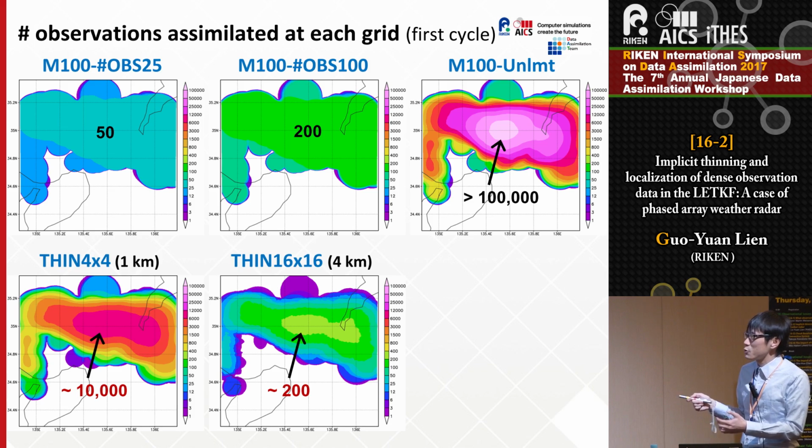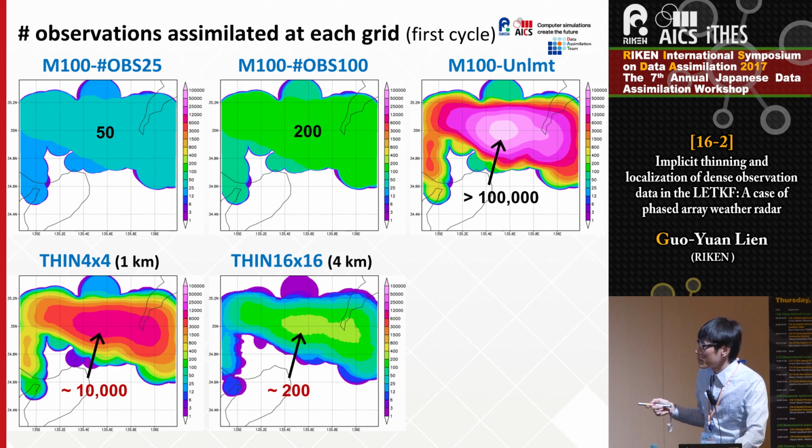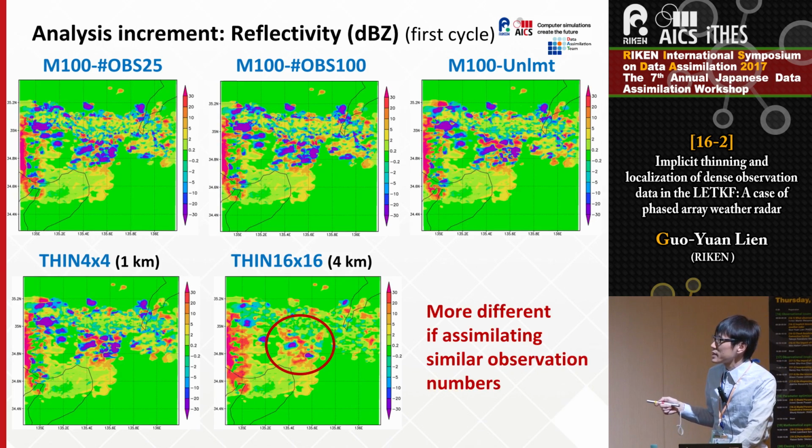Only if you do this strong thinning can you get a number comparable to the ensemble size. But the increment becomes very different in this case. By doing this strong thinning, you get a much smaller increment, not like this.